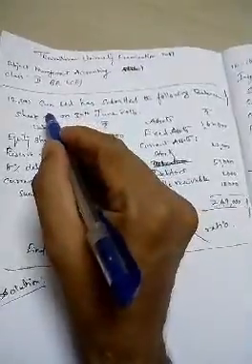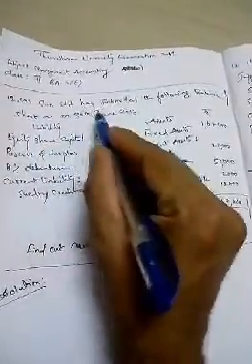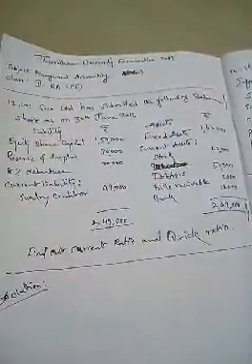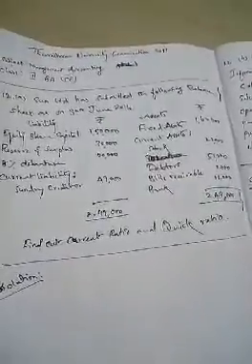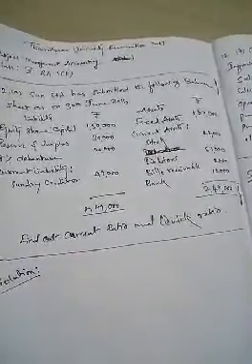It's a 5-mark question. Sun Limited has submitted the following balance sheet as on 31st June 2015.